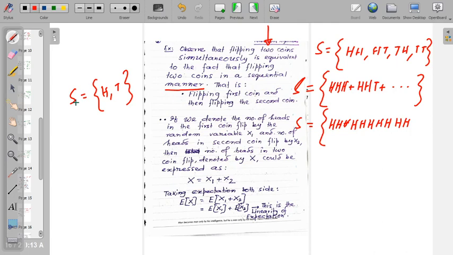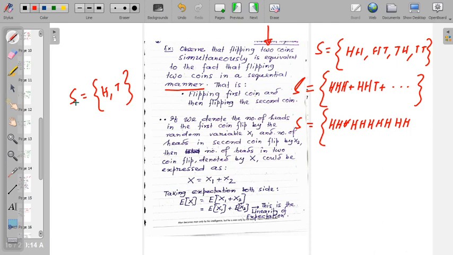You will see that it is very easy in the latter case, taking it sequentially. So with an example we are trying to understand the essential point of linearity of expectation.